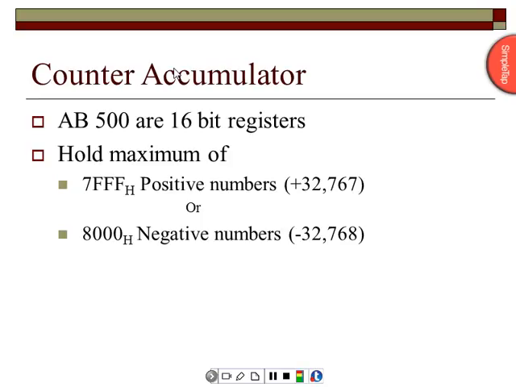Well, the reason the negative numbers go higher is because of the way binary is written. You don't actually have a minus sign to tell you that something is negative. The way you know it's negative is it starts with a 1. So if the number has to start with 0, it can't be as high as a number that starts with 1. Okay? That's just another tidbit of information that you didn't need.